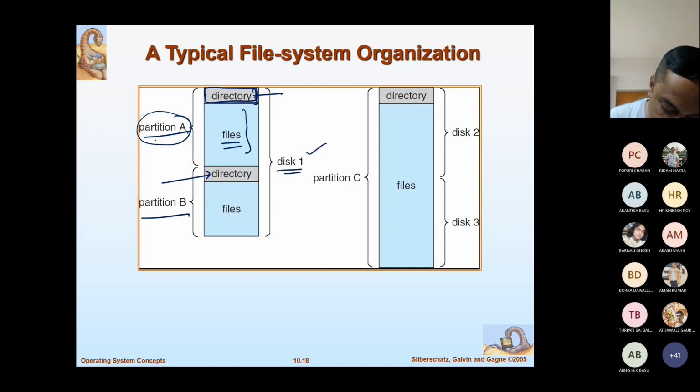Partition A has a directory structure, and partition B also has a directory structure. The directory of partition A contains the content page, the directory information of the files stored in partition A. The directory structure in partition B contains the content page, or the directory information, of the files stored in partition B.